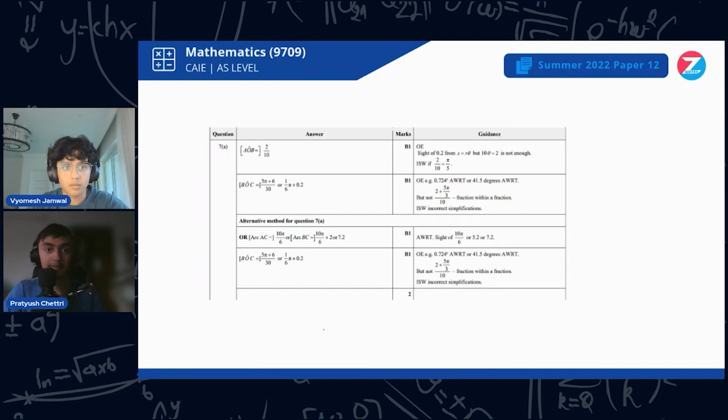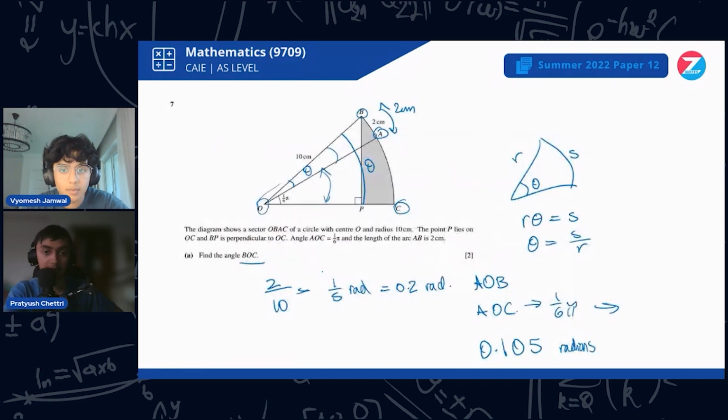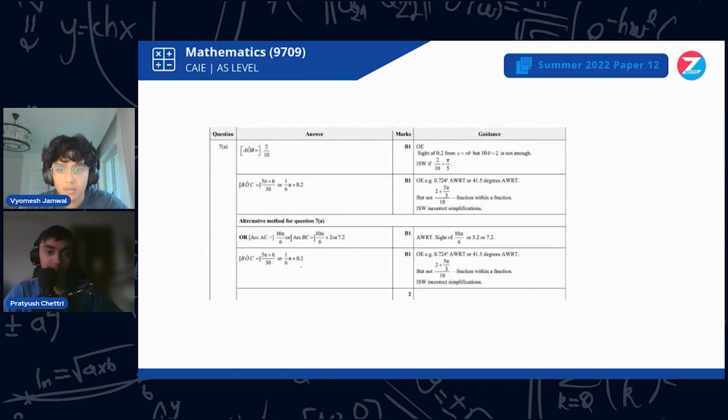And let us consult, oh yeah, it has asked for exact angle, has it? It actually asks for just angle BOC, not exact. But at the same time, can you go back to your working out?